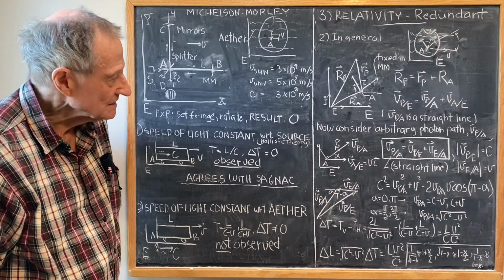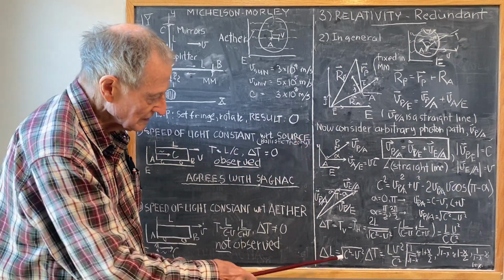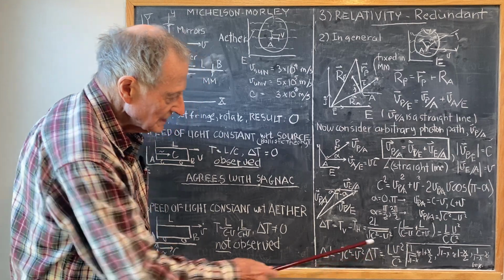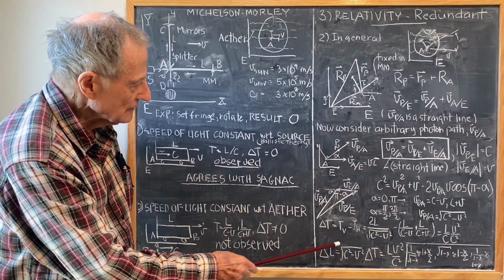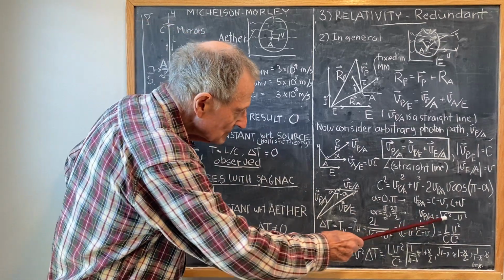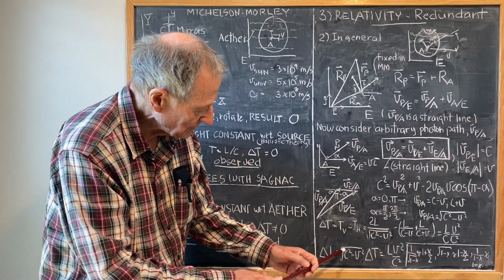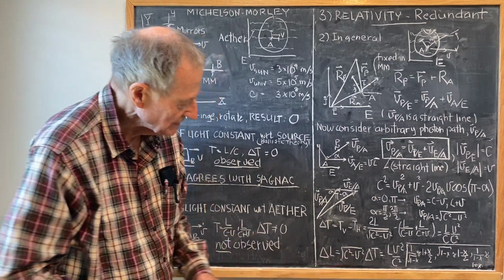To get the distance offset, that's equal to the vertical velocity times the time delta t, and the vertical velocity we had was the square root of c squared minus v squared, which you can write as c times the square root of 1 minus v squared over c squared.